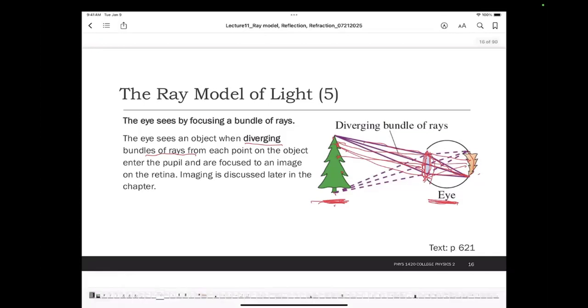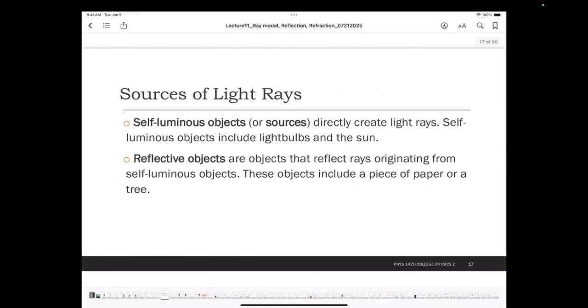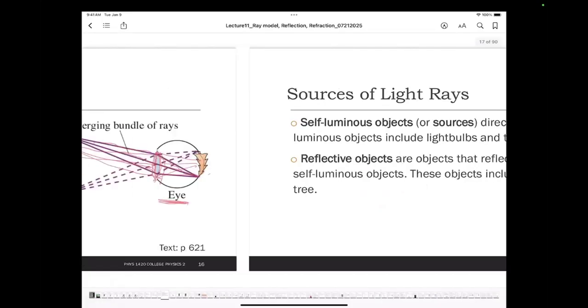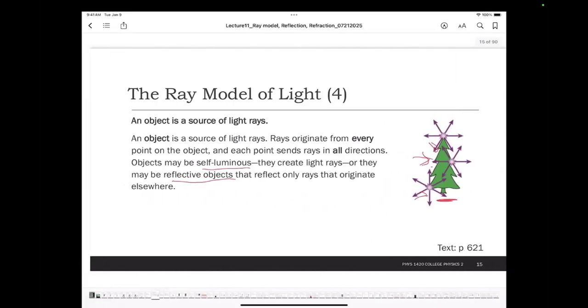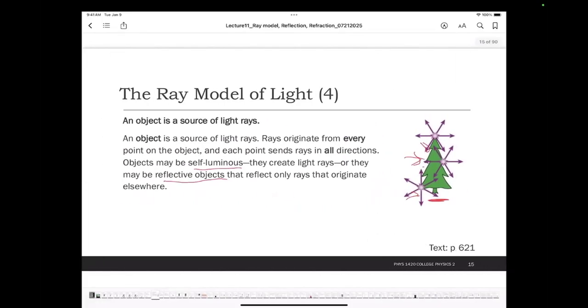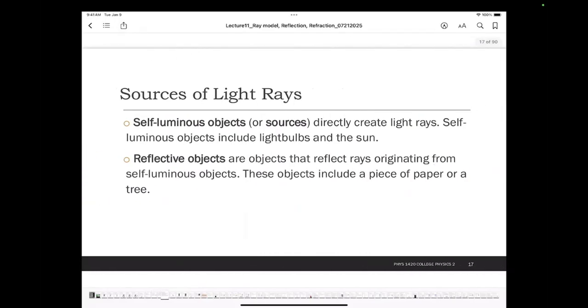Based on the objects we can see, an object is a source of light rays. This object can be self-luminous, and it can also be a reflective object. Based on this, there are two different kinds of sources of light rays.